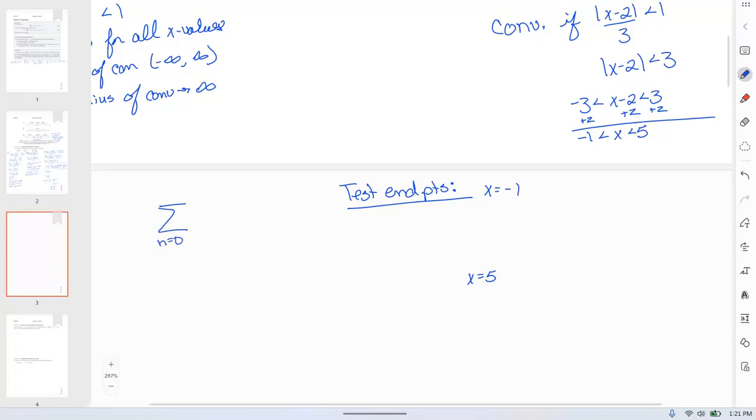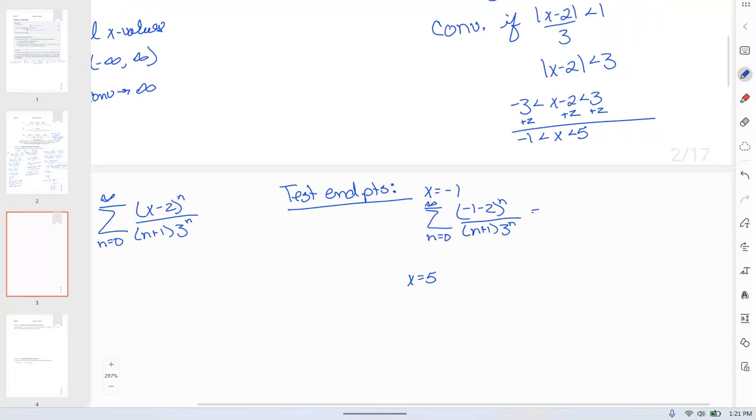When I plug in -1, I'm going to get the sum of (-1 minus 2) to the n over (n plus 1) times 3 to the n. I'm going to simplify this. This is (-3) to the n over (n plus 1) times 3 to the n.